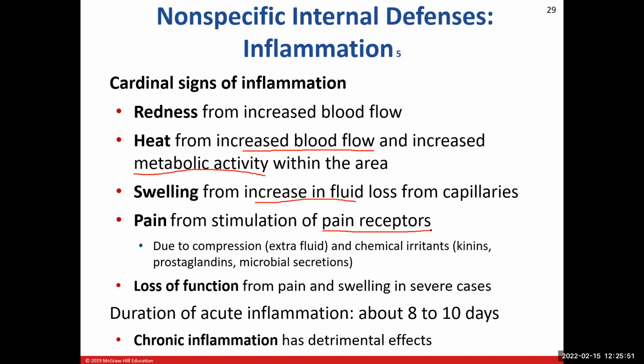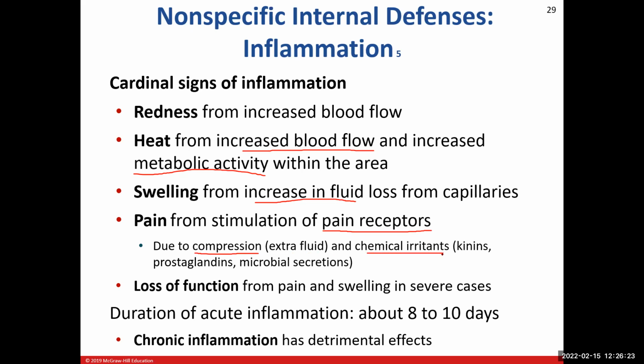If you remember from chapter 16, pain receptors are going to be unencapsulated receptors. And so those receptors are very, very sensitive. A couple stimuli that will cause those pain receptors to be activated is, one, pressure. The compression of that extra fluid in the area is going to cause pain, but also chemical irritants like bradykinin.